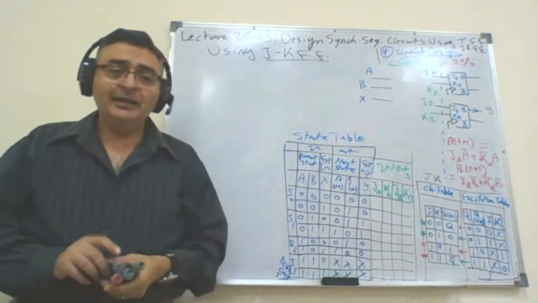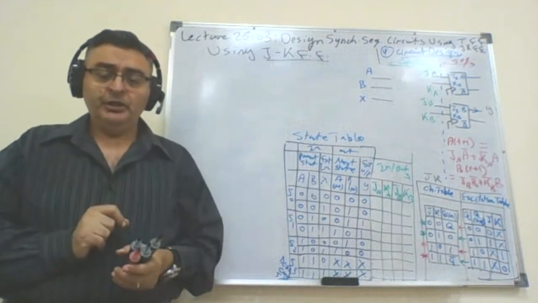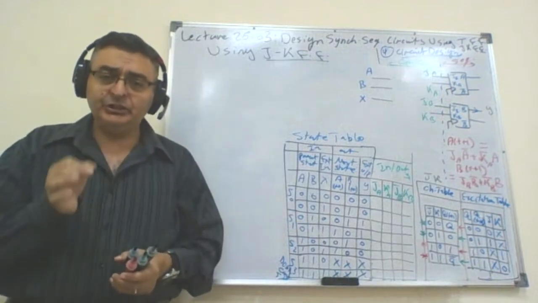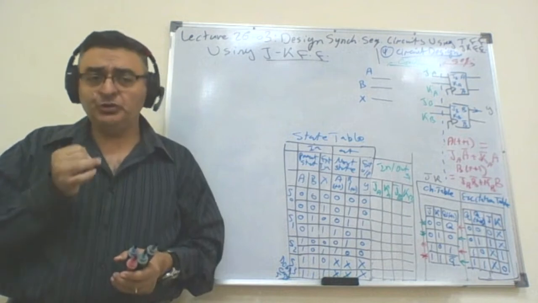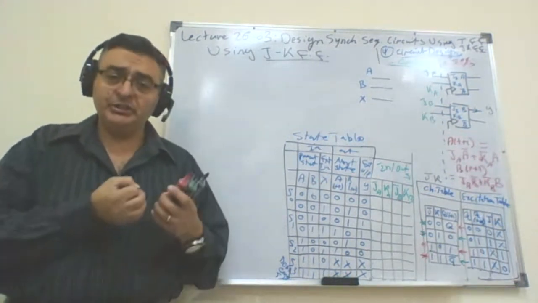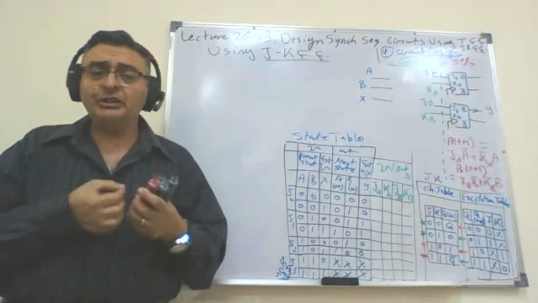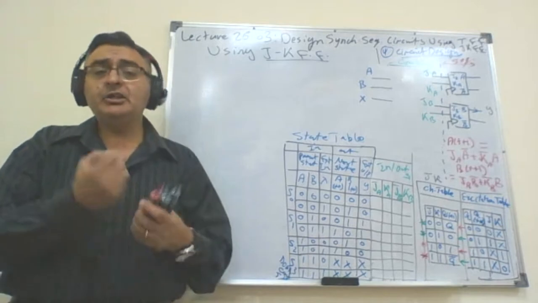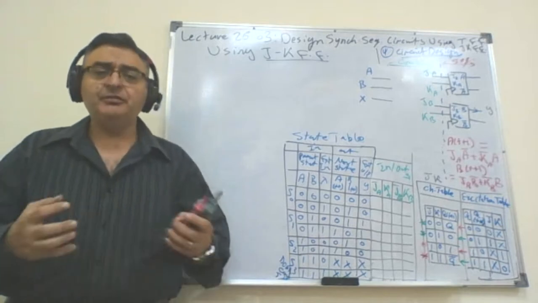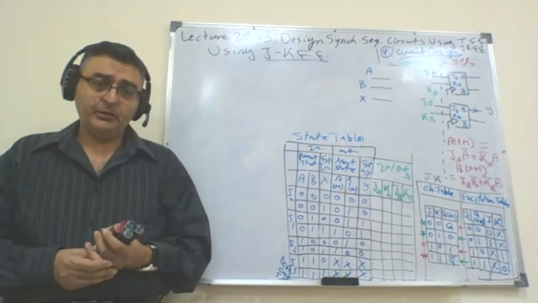This is what's called the excitation table. We need an excitation table in order to design a synchronous sequential circuit using JK flip-flops, and as we will see, also using T flip-flops.